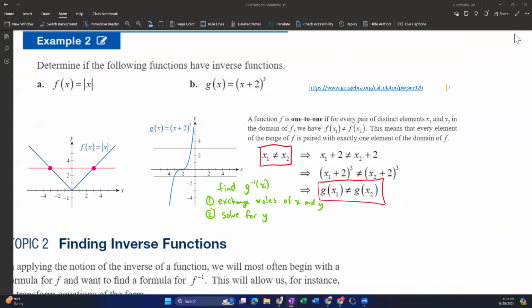Remember that the line y equals x is our line of symmetry. Whenever we have a point on a function f, let's call it (a, b), the corresponding point on f inverse will be (b, a). Literally, you just flip-flop the x and y values.